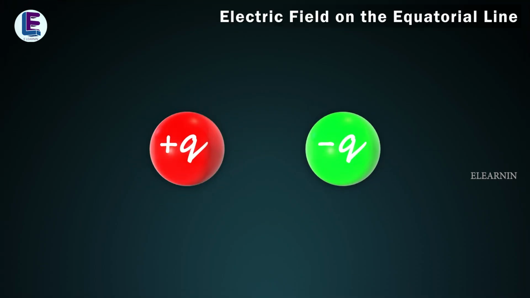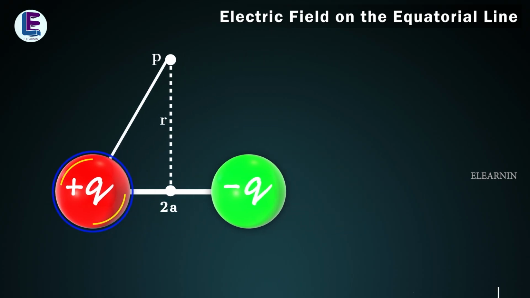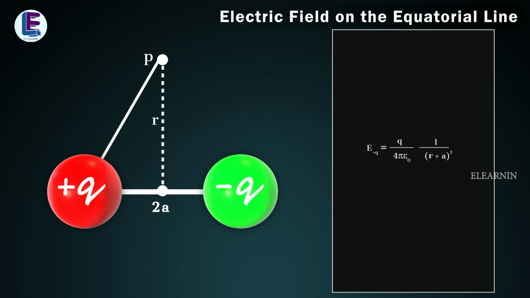If we take a point P perpendicular to the dipole center, the distance from P to the center is r. Due to plus q, the field intensity at P is equal to q divided by 4 pi epsilon naught into 1 divided by (r squared plus a squared).